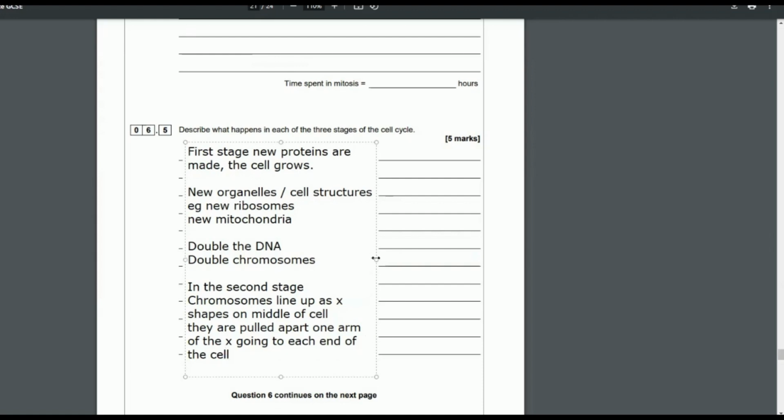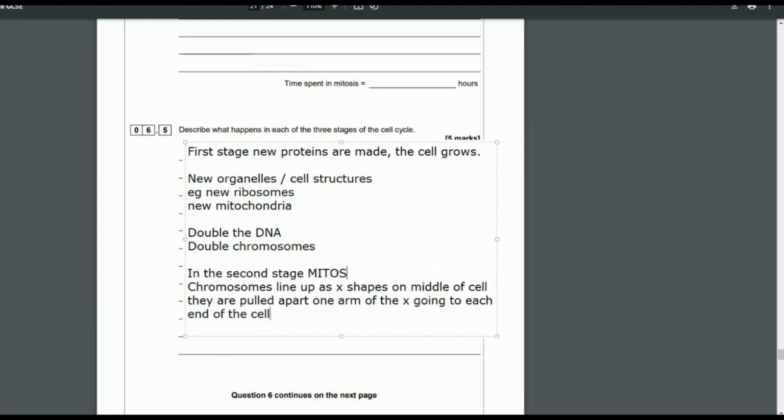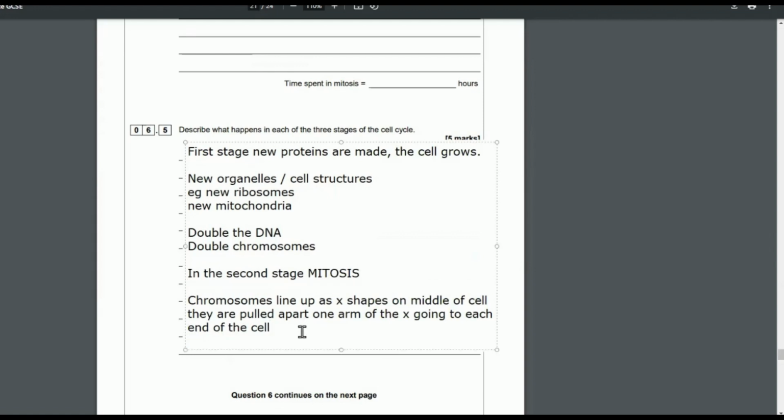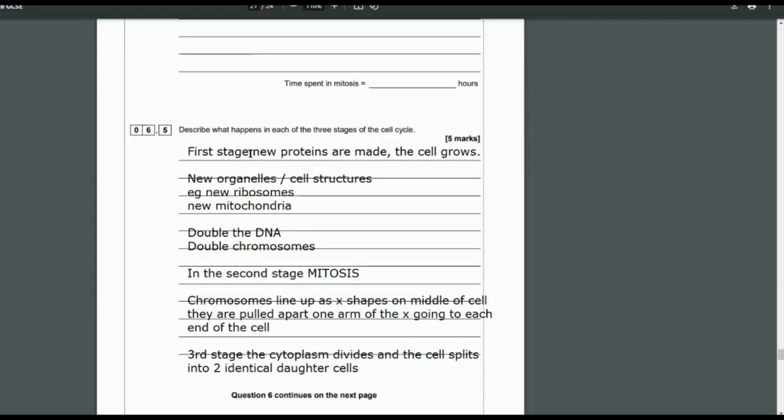And that is in the second stage, and we call the second stage mitosis. Now, in the third stage, the cytoplasm divides and the cell splits into two identical daughter cells. We call this cytokinesis. And there's your cell cycle for you. Wunderbar.